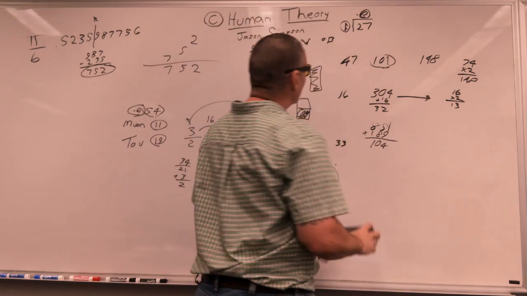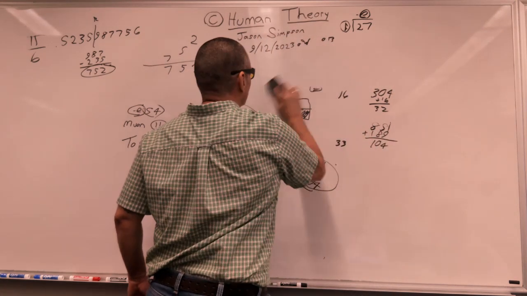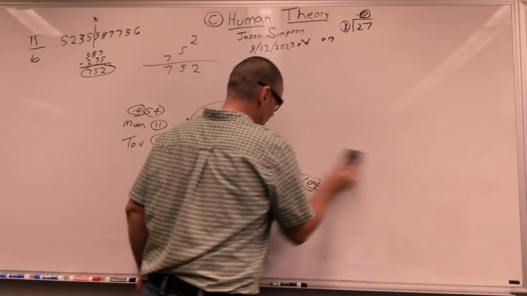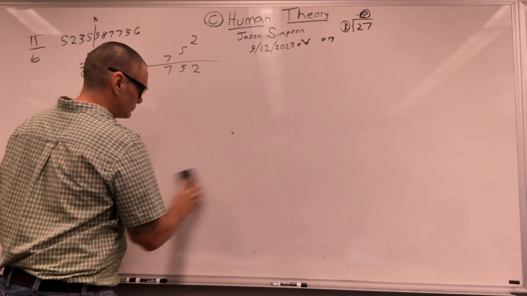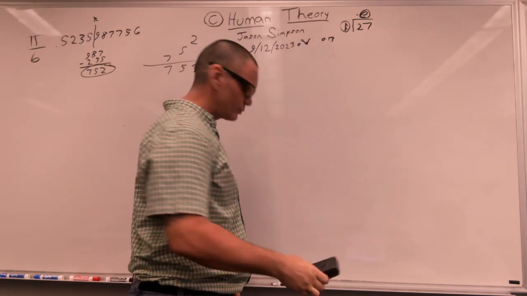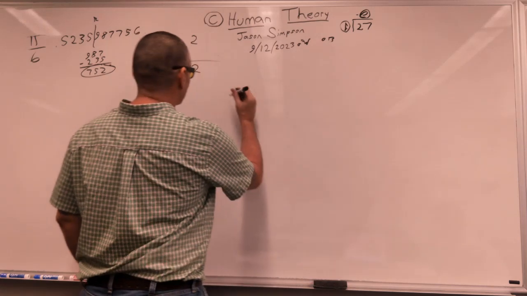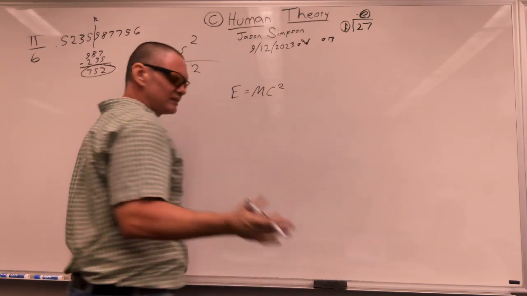Now, all this is great. Okay? It's great. But you get most of your mass from this. So, I guess I better start showing you some mass equations, huh? Well, everybody knows this one, right? Einstein's famous equation.